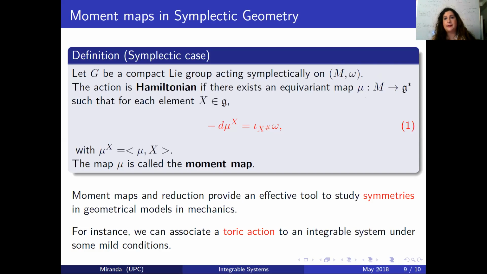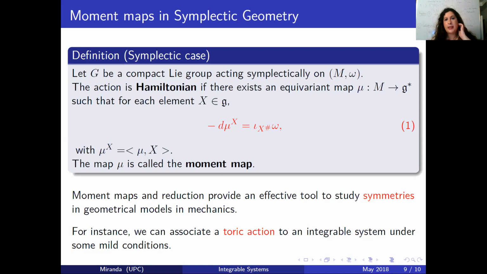So in the toric case, this definition becomes easier. But in the general case, that's the definition of moment map. And it's interesting to give it in general because the word momentum comes from the momentum in physics. And this is related to SO(3), which is non-abelian. Okay, so it's good that I give the general definition. That's the definition of moment map.